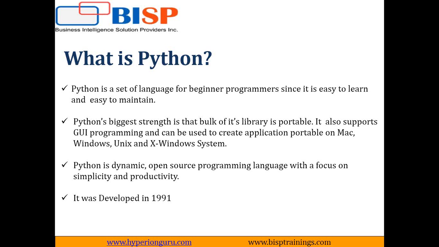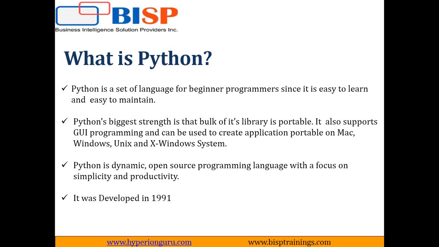Whenever any error occurs, if we have to debug a Python program, that would be easier to debug compared to other programming languages. And it's an interpreted, object-oriented, high-level programming language with dynamic semantics. All the functionalities which we used to have in Java or C++ or C Sharp, similar functionalities we have in Python as well.